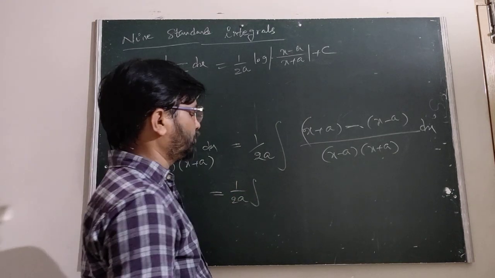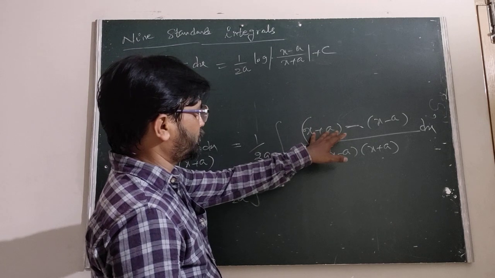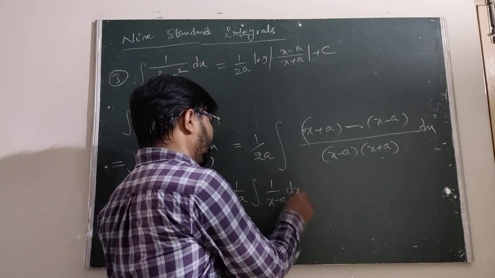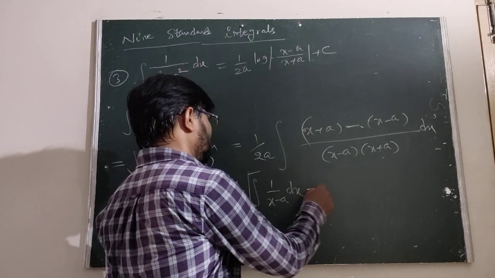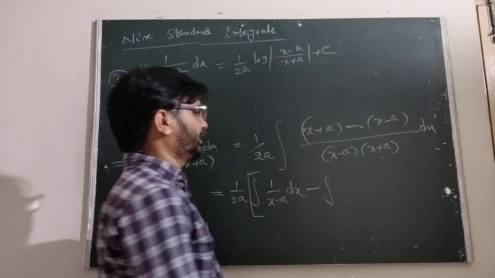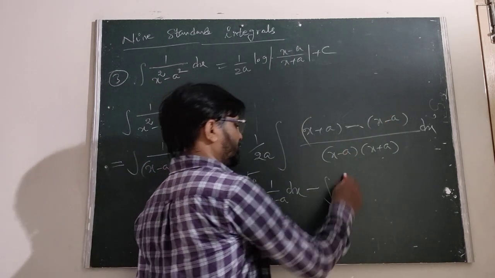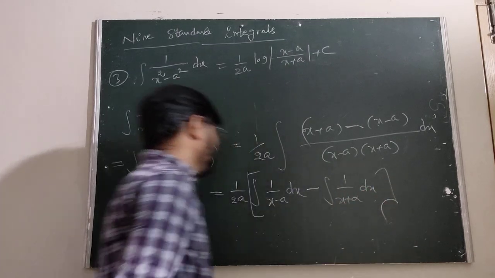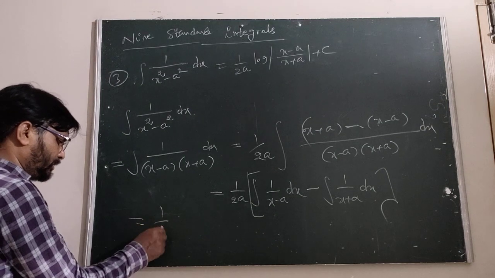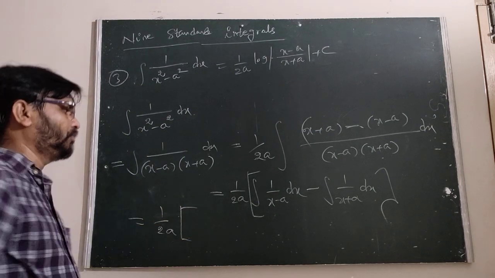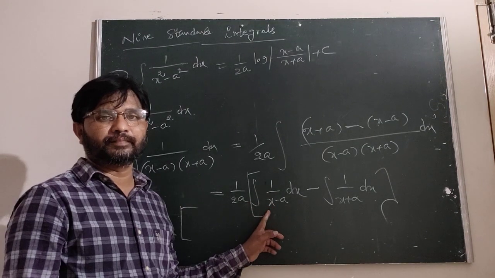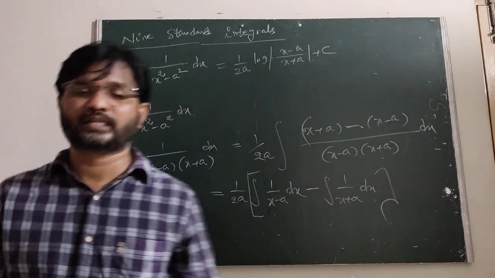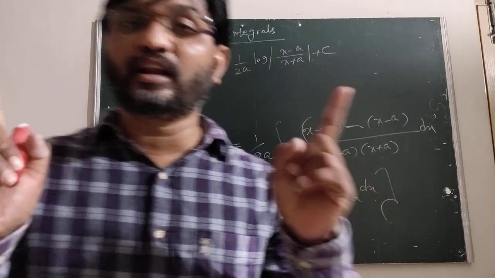After separation, we get 1 by x minus a dx, and these two cancel, 1 by x plus a dx. So now we write 1 by 2a, and the integral of 1 by x dx is log mod of x.